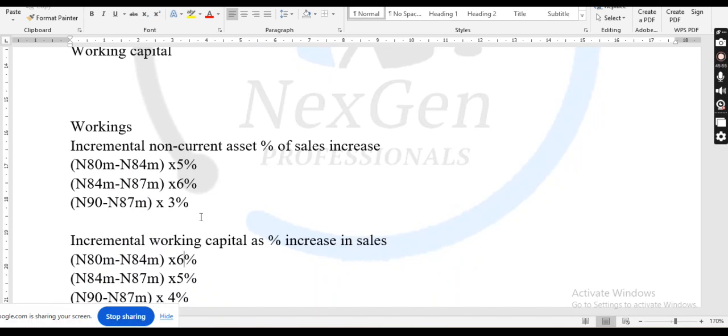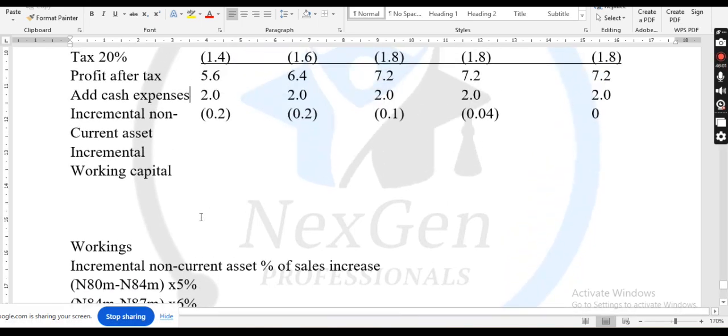This is year 1, 0.24, 0.24, 0.24. Next, 1.5.